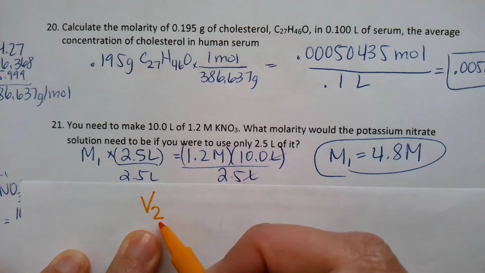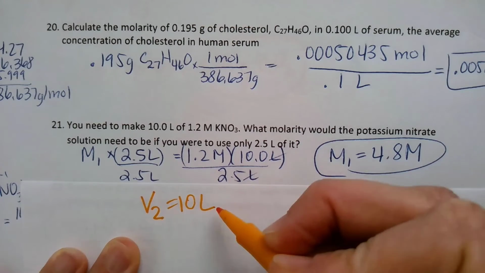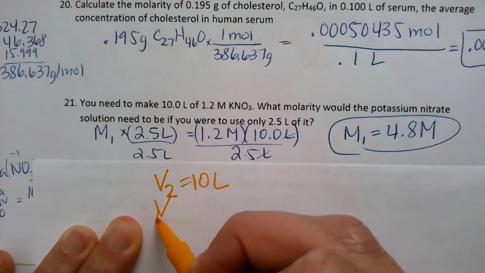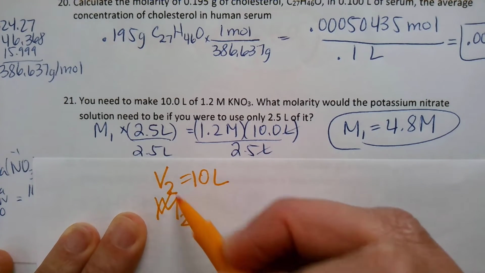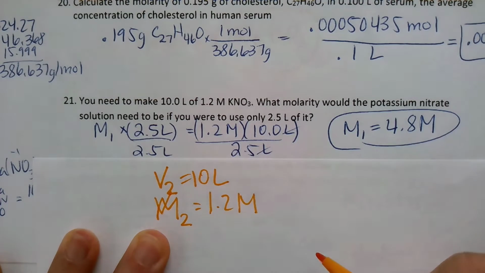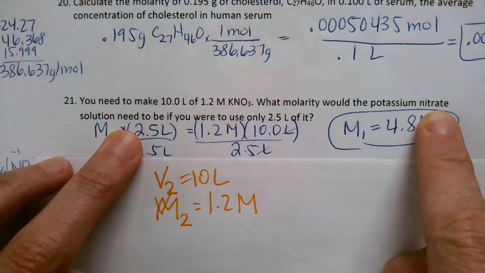So I need to get a volume 2 of 10 liters. And that concentration that I need to find is a molarity. M2 is 1.2 M. What molarity would the potassium nitrate solution need to be?